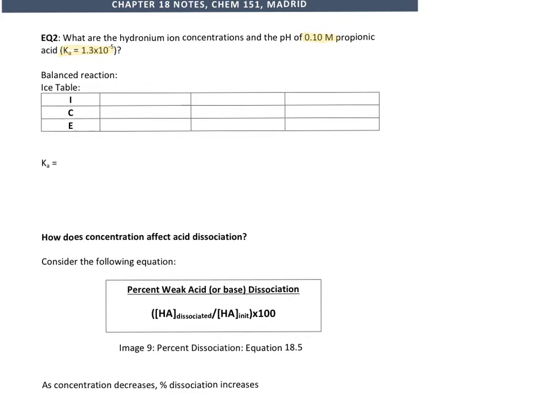The first thing that we did, if I recall correctly, is we wrote down that we have propionic acid and the molar concentration is 0.10. And in this case, we're given the Ka. So the Ka is equal to 1.3 times 10 to the negative 5.